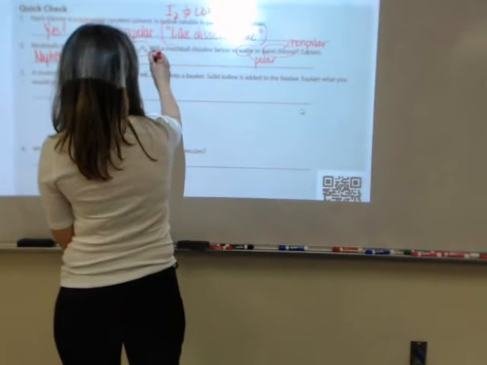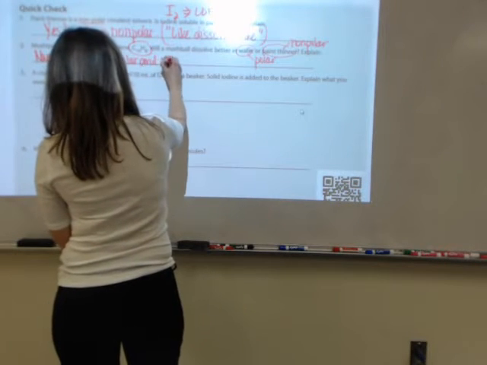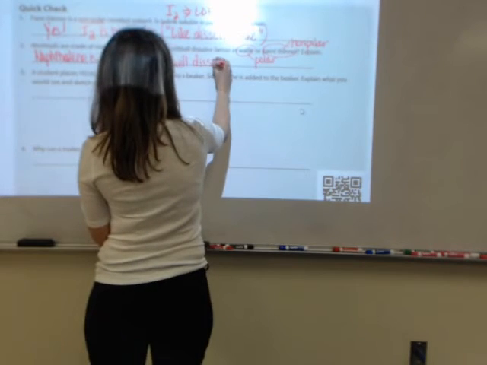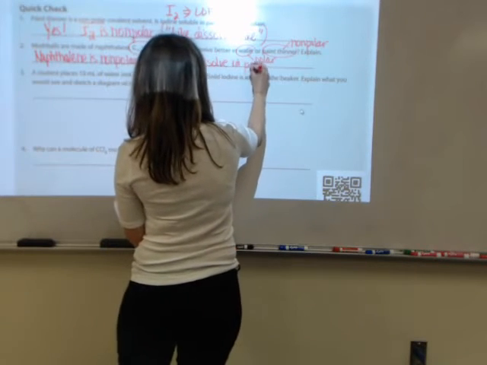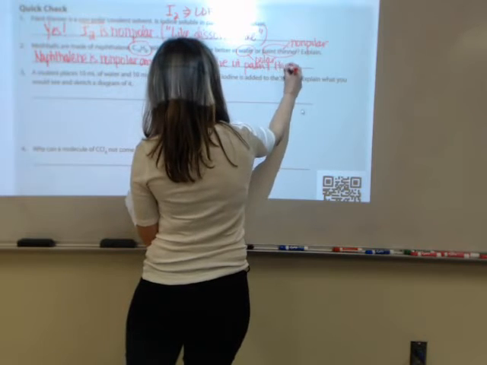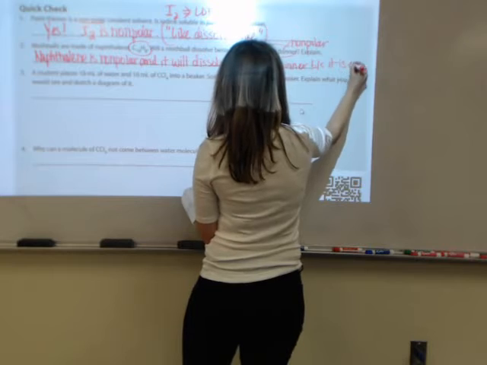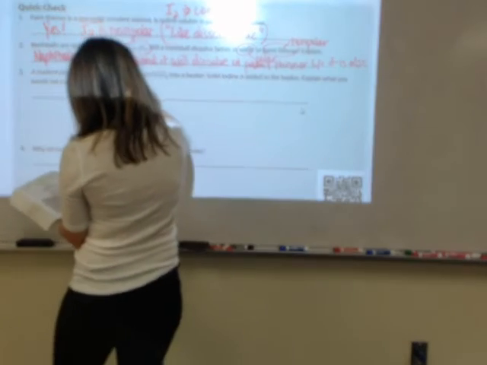So naphthalene is nonpolar, and it will dissolve in paint thinner because it is also nonpolar.